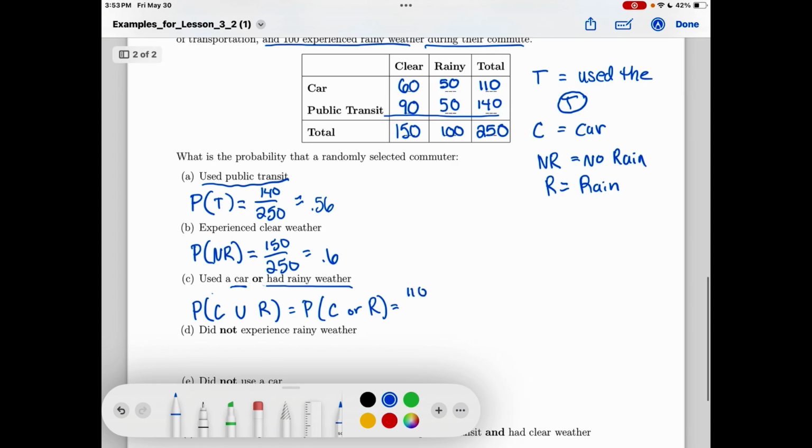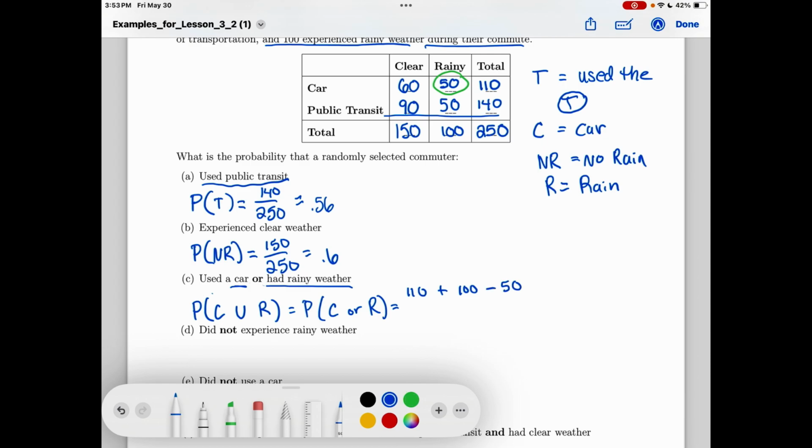The number of people that used a car was 110. The number of people that experienced rainy weather was 100. But I double counted one of the groups. The people that I double counted was the group of 50. I counted that group of 50 once in the rainy group and then once in the car group.